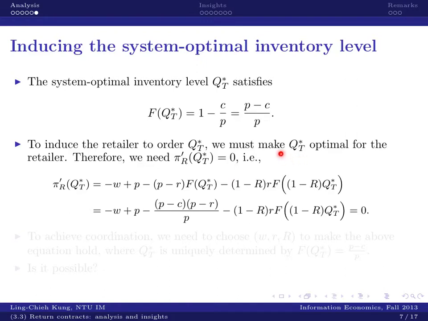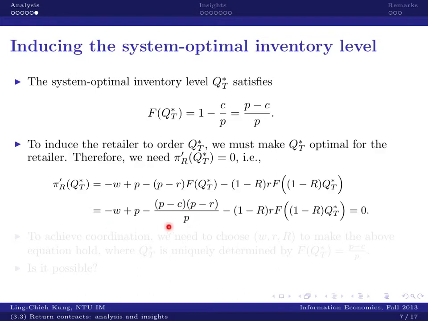So we need to plug QT star into the first order derivative of pi r. If you do that, this becomes QT star, this becomes QT star. One thing we may say immediately is that this part, F of QT star, is something we know. It must be p minus c over p here.